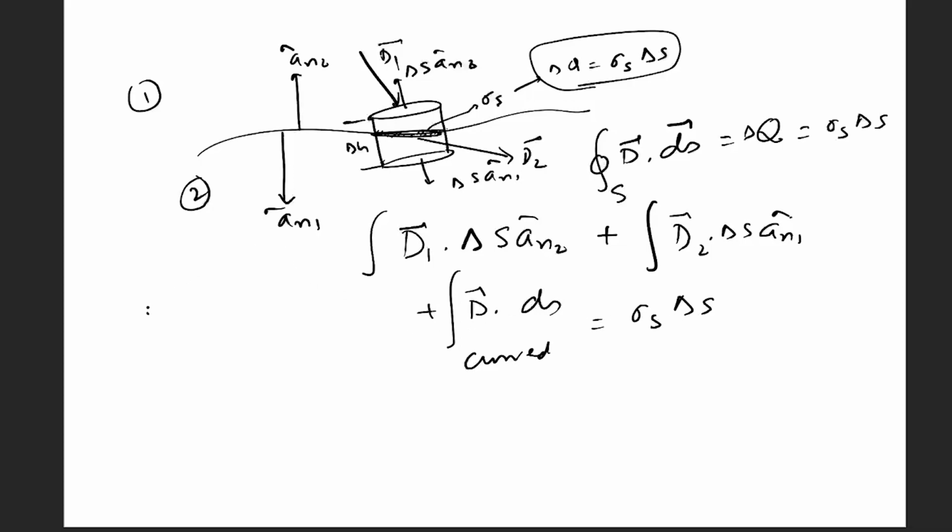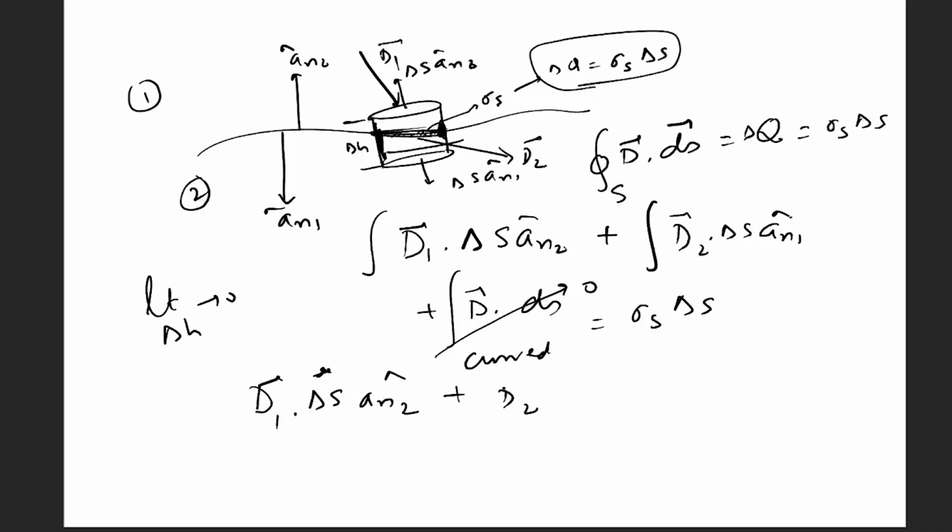Now for the limiting case, when delta h tends to 0, this curved surface area goes to 0. So this is going to 0. So I will have D1 dot delta s a_n2 plus D2 dot delta s a_n2 is equal to sigma_s delta s. Delta s cancels out.